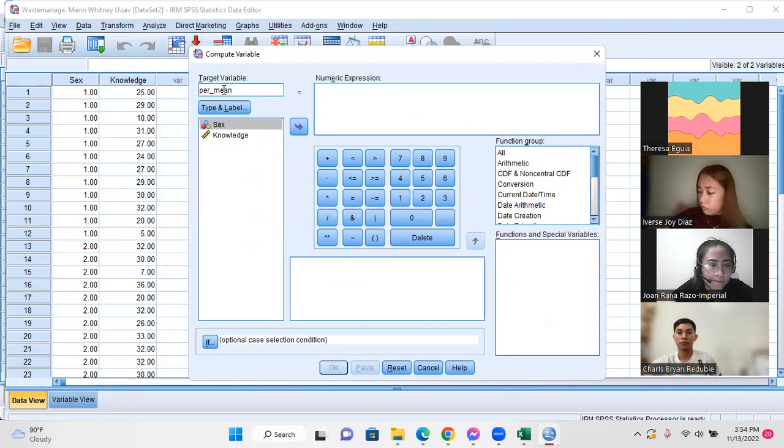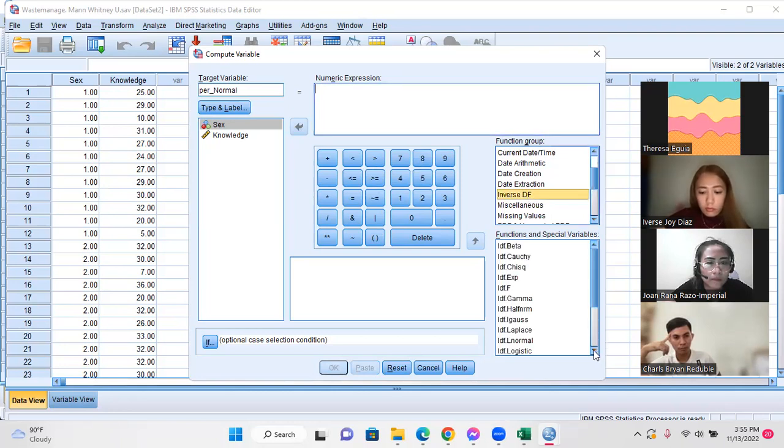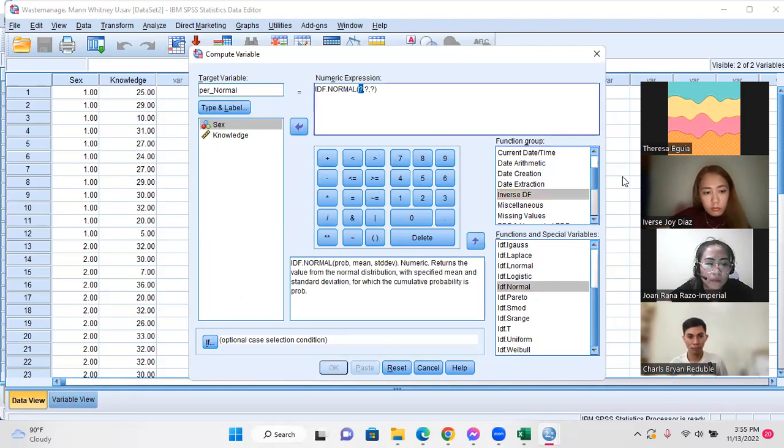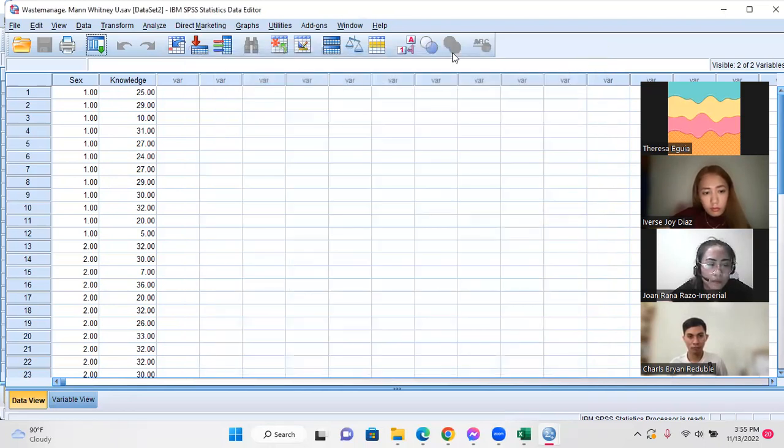New name, per normal. Ay, nako. Hindi ko pala kinuha ang descriptive.